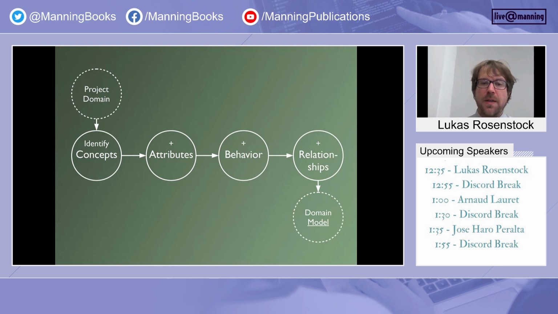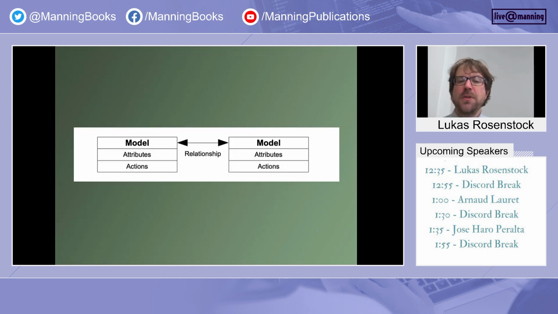And then you look at what kind of attributes do they have, how do they behave, what can they do, what can be done to them, and what are the relationships between those concepts. And once you've collected all this information and put it together, you have a domain model. And the domain model can be visualized, for example, in a UML diagram, which is what we'll do. This is the file in which we'll show the examples now.